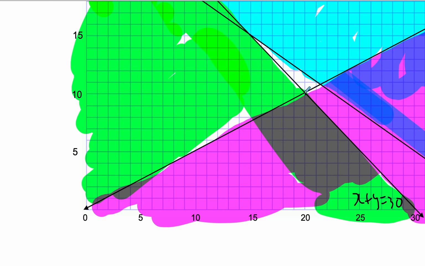So first we have this solution, which is 20 and 10. So we have 20 and 10. We have 19 and 11. So we actually have a lot of values. I'm just going to point them out, and then you can determine all the inequality points. So this is 15 and 15. Remember, we're looking at whole numbers.